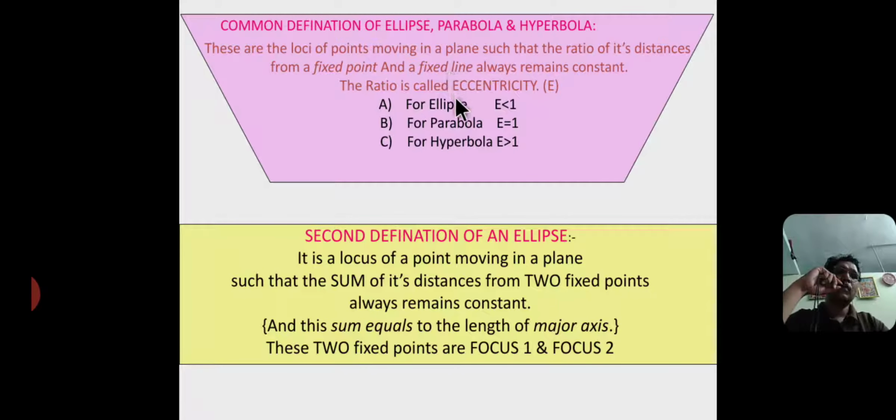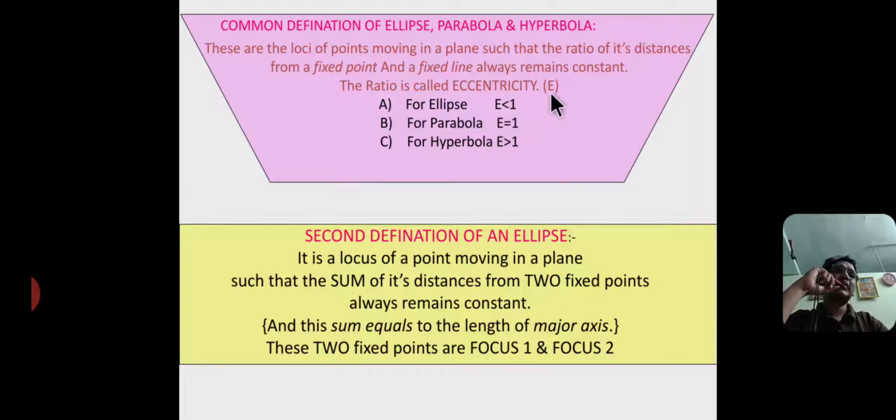Eccentricity is the ratio of the distance between focus and vertex to the distance between vertex and directrix.